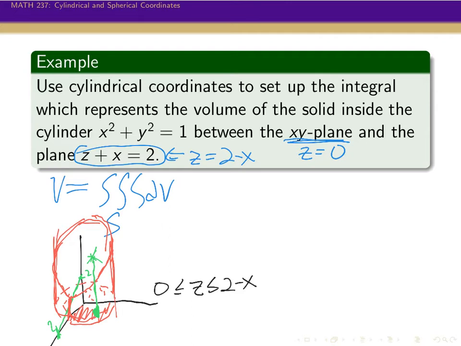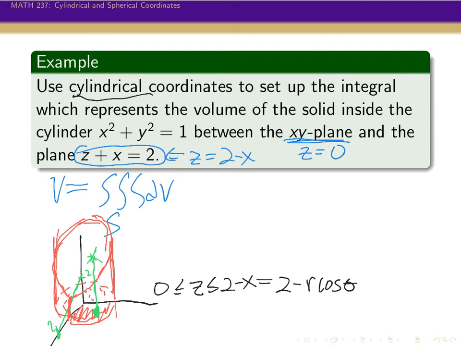But I want to do this in cylindrical, and so what is x equal to in cylindrical? Well, x becomes r cosine theta. So my bounds for z are 0 and 2 minus r cosine theta.